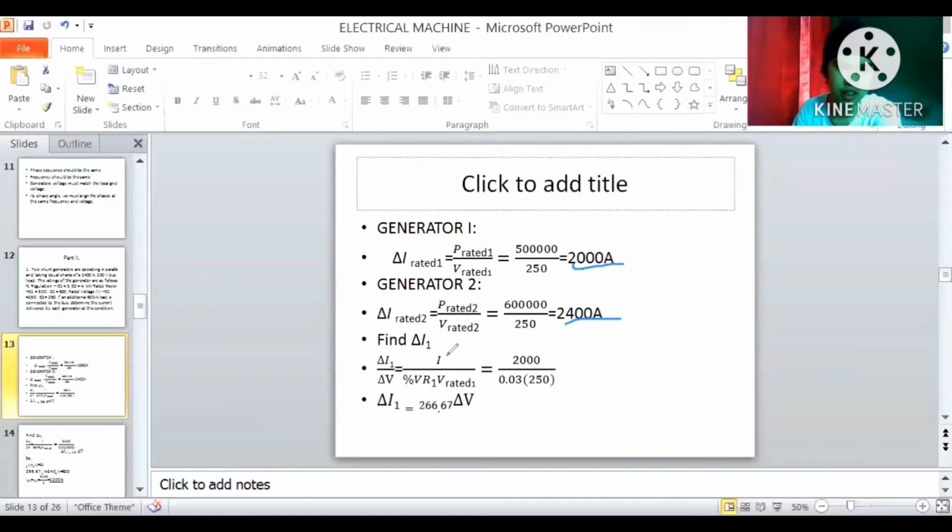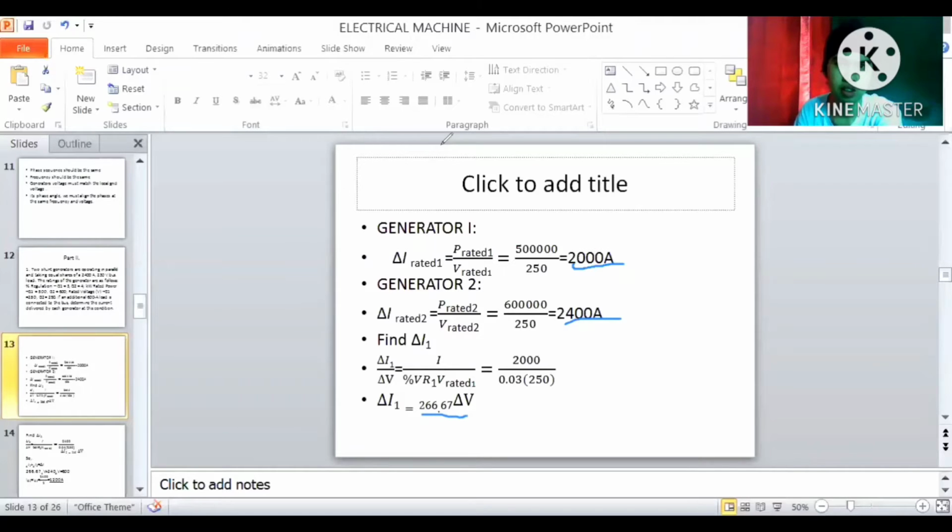For generator 1, delta I1 over delta voltage equals I rated 1 over the rated voltage times R1. With I rated 1 equal to 2,000, and the voltage regulation 0.03 times 250, delta I1 equals 266.67 delta voltage.